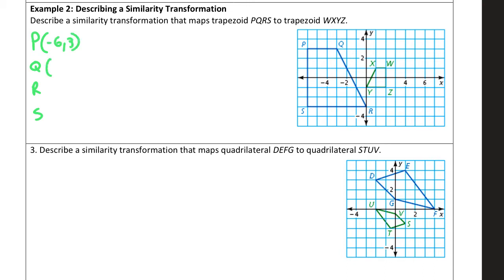Q was -3, 3. R was 0, -3. And then S was the point -6, -3.